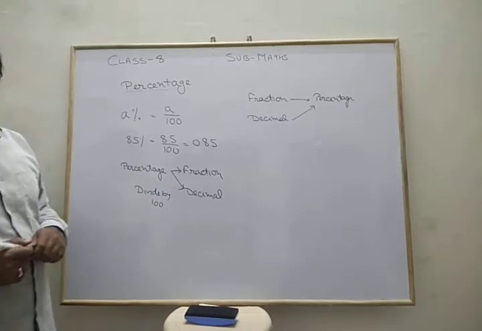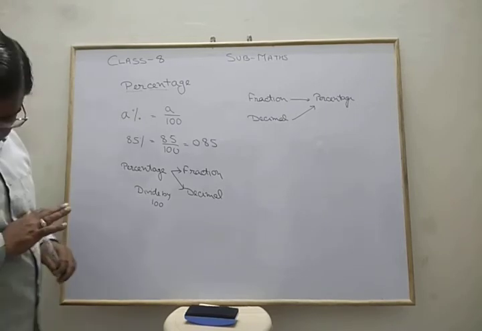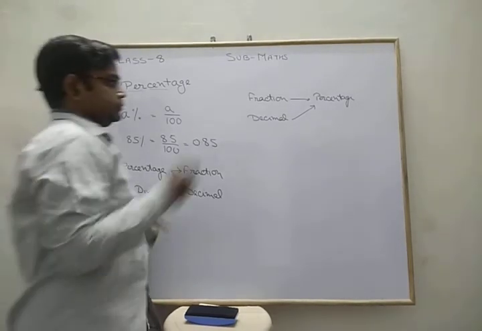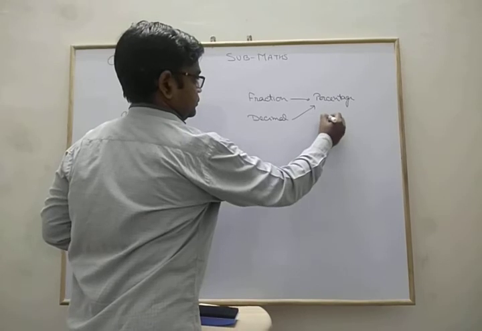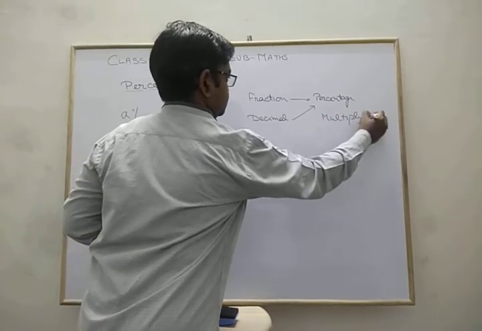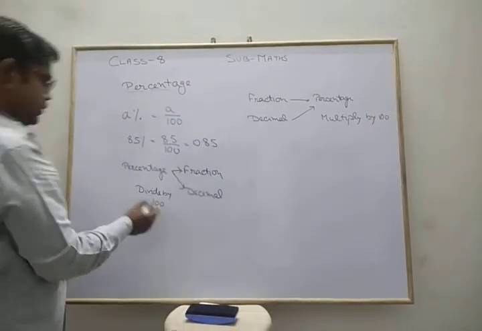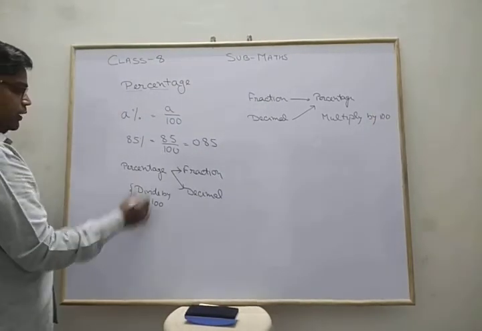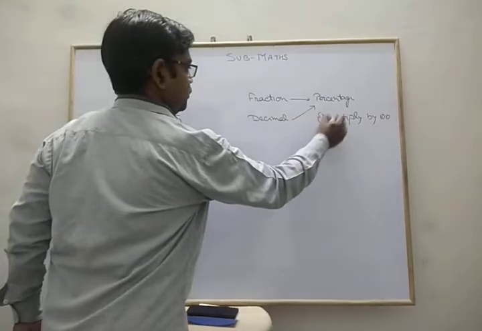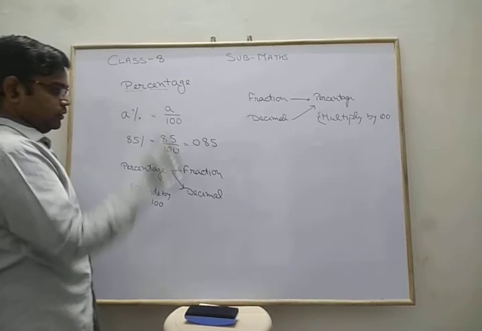In this case, we multiply by 100. For this we divide, for this we multiply. See the example already discussed.